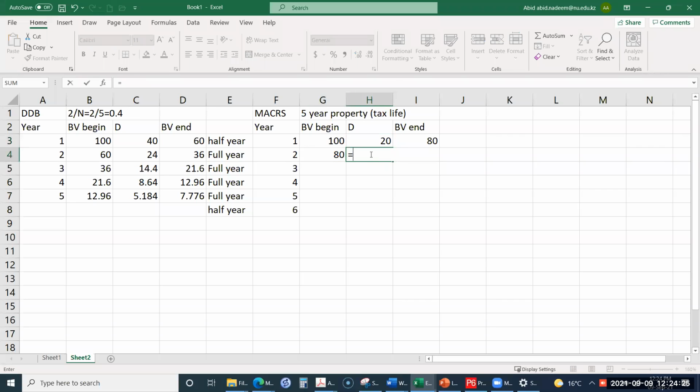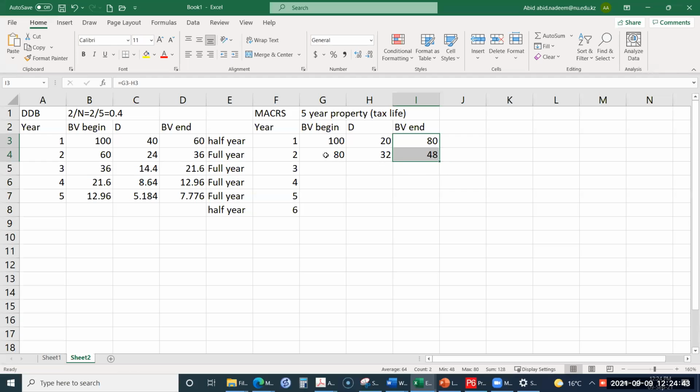So it will be 80 multiplied by 0.4, because this is the full year. For half year, we will use 0.2. For full year, we will use 0.4. And it will go on until year 4, and we will get the same values: 20%, 32%, 19.2%, 11.52%.